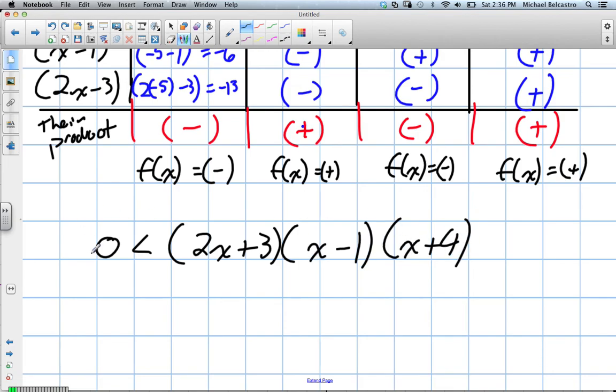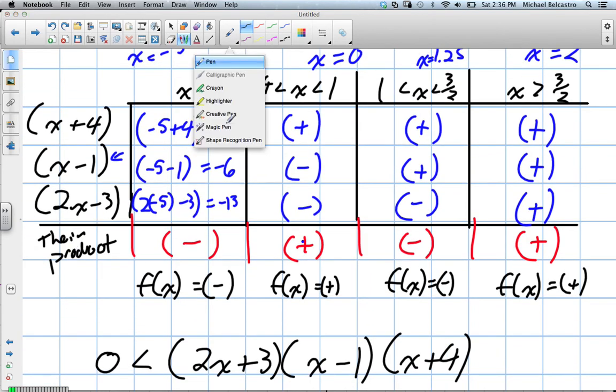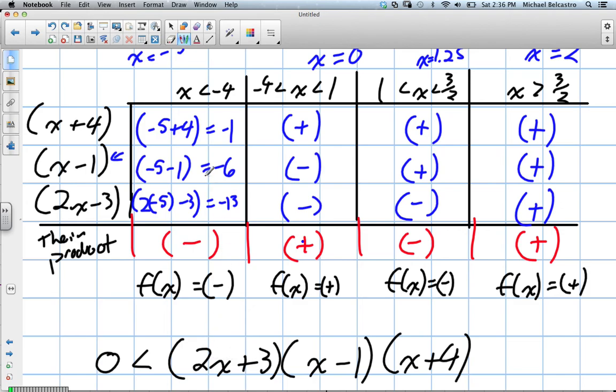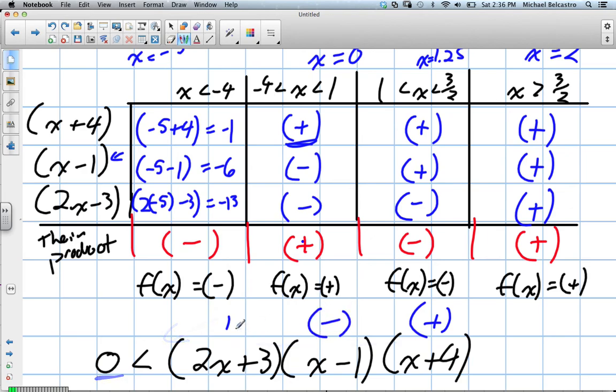Well, if we draw a reference to this, what we were doing in that chart essentially is, in the very first one, this became a negative, this became a negative, and this became a negative. When we multiply a whole bunch of negatives, we know we get a negative, which is less than 0, so that can't be an answer. In the second version, this one became a positive, this became a negative, and this became a negative. When we multiply those all, we get a positive, which is greater than 0.